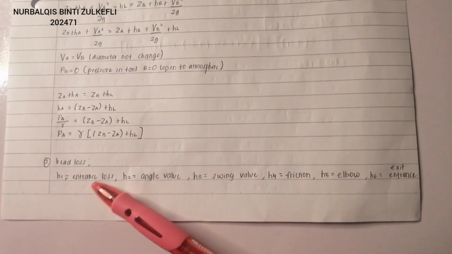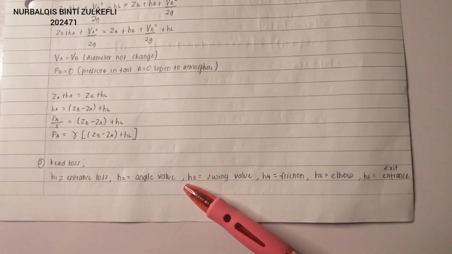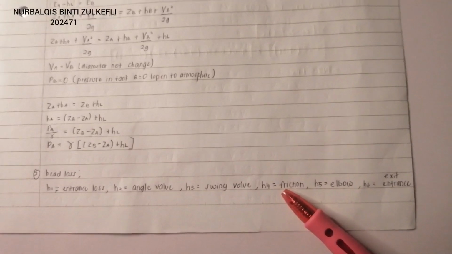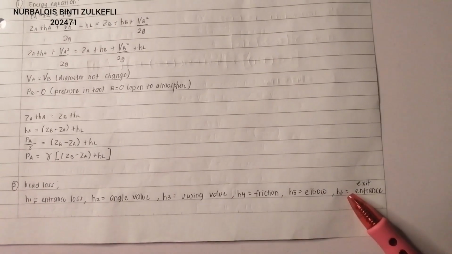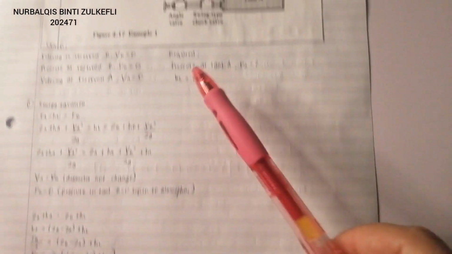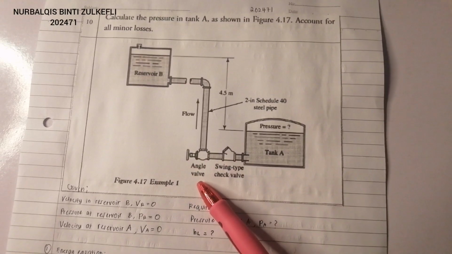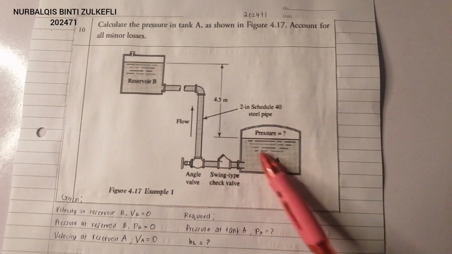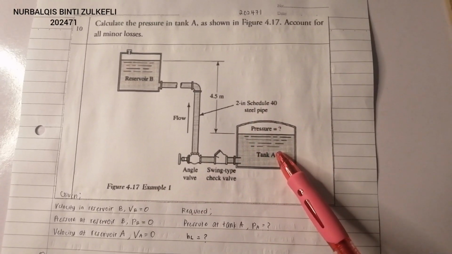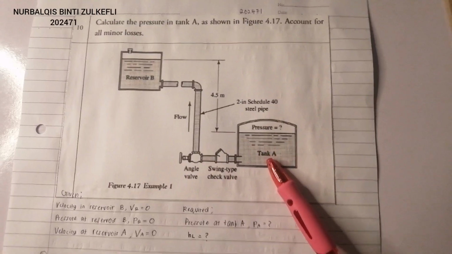H1 is entrance loss, H2 is angle valve, H3 is swing valve, H4 is friction, H5 is elbow, H6 is exit. So this is the angle valve, this is the swing type check valve, and this is the pressure at tank A that we must calculate.